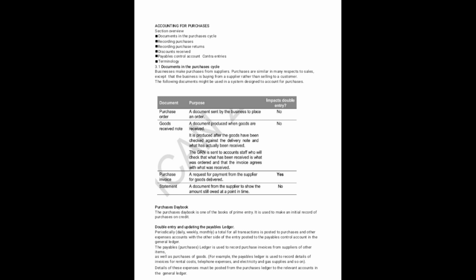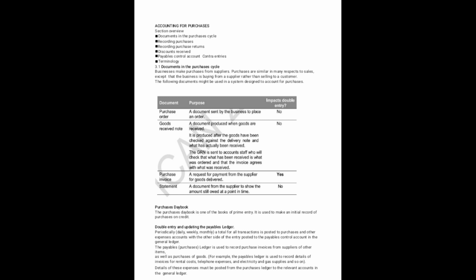Actually, the purchases ledger is used to record the accounts of various suppliers or creditors, as well as purchases of goods. For example, the payables ledger is used to record details of invoices for rental cost, telephone expenses, electricity and gas supplies and so on. Details of these expenses must be posted from the purchases ledger to the relevant account in the general ledger.